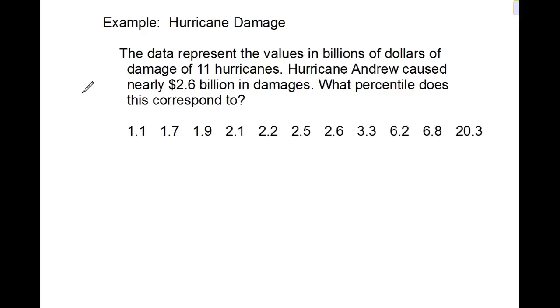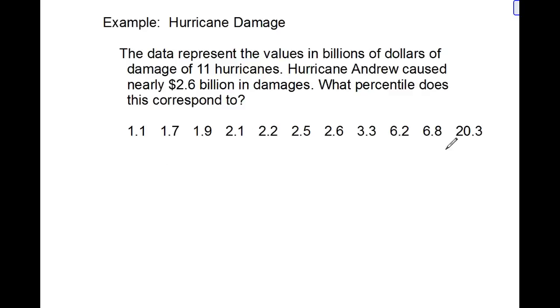We're going to look at hurricane damage. And here, the data represent the values in billions of dollars of damage of 11 hurricanes. Hurricane Andrew caused nearly $2.6 billion in damages. What percentile does this correspond to? So we're wanting to know what percentile the $2.6 billion corresponds to. The first thing we want to do is look at our data and put it in order.